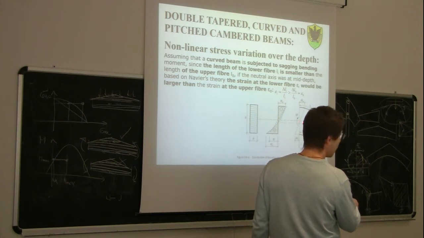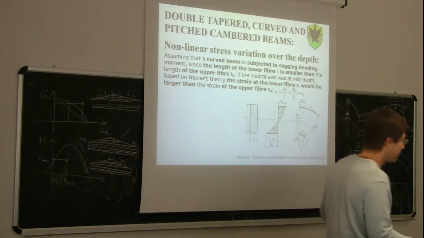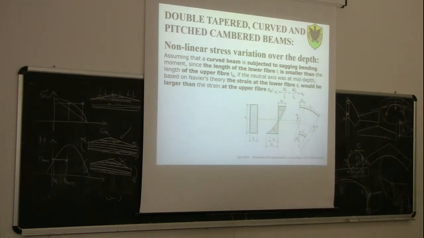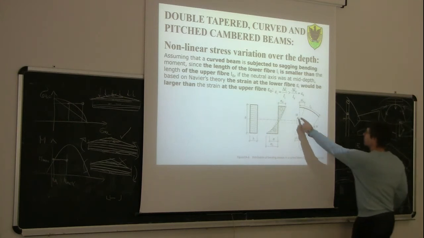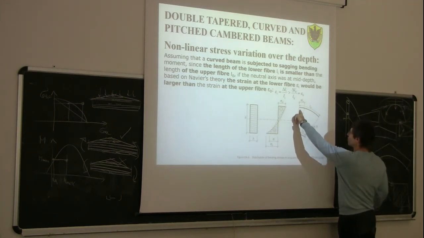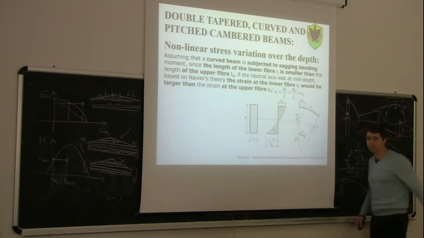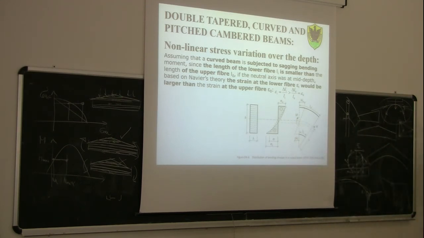So initially, this is the cross section, and then this cross section rotates around the neutral axis. So we would then get a squashing here, and a stretching in the lower part.